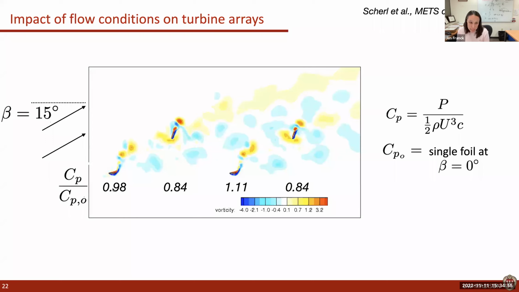So the first foil is getting 98% of what you would have at a single foil at 0 angle of attack. The second foil is 84%, but the third foil is producing 1.11 times more power than the single foil. So it's definitely benefiting from some constructive interactions.